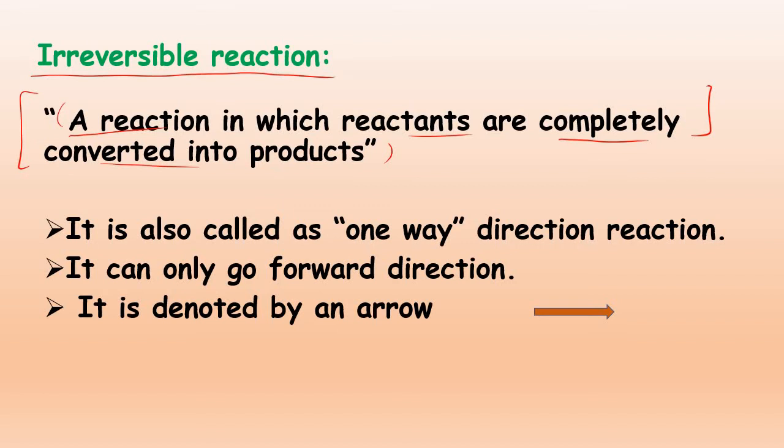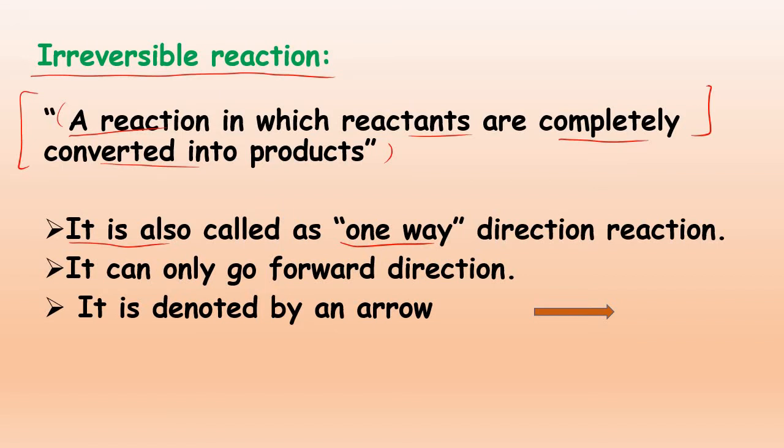And look here, these are the three points related to the irreversible reaction also, as I mentioned earlier for the reversible reaction. Number one is that it is also called a one-way direction reaction, right?